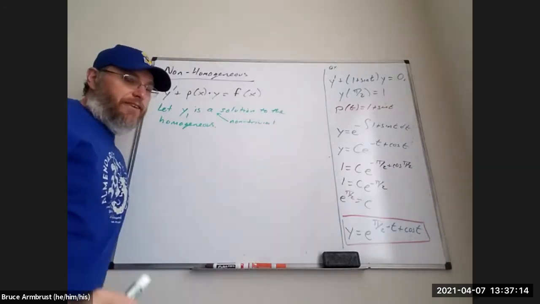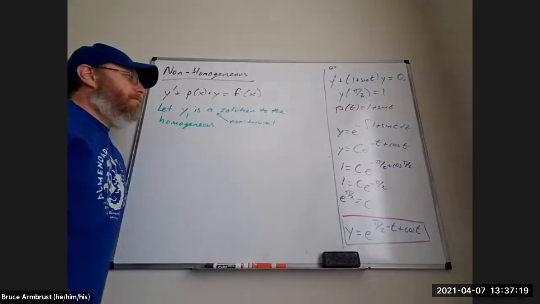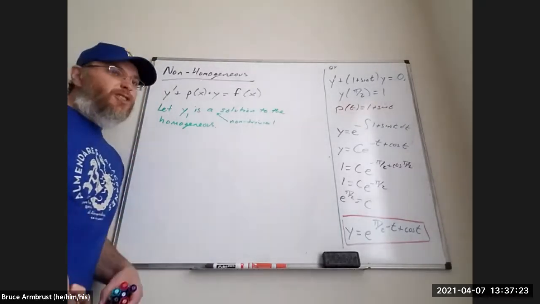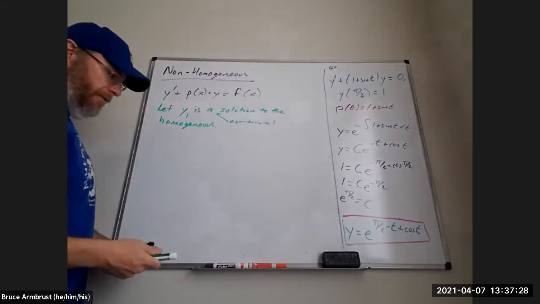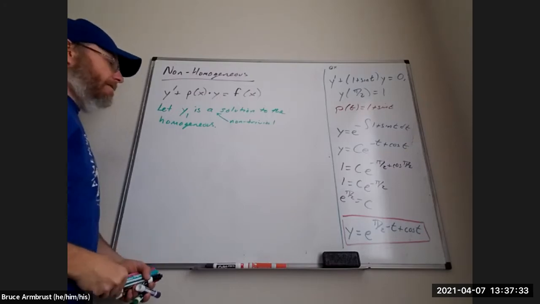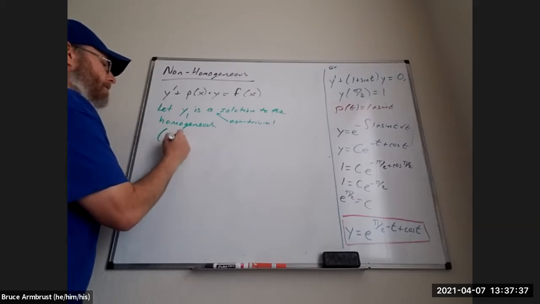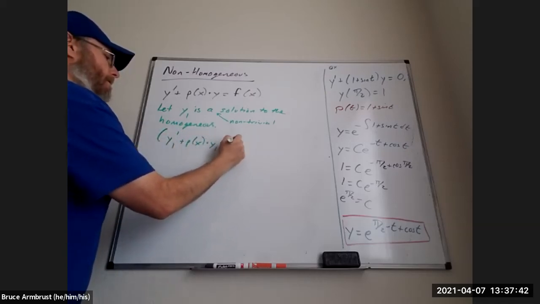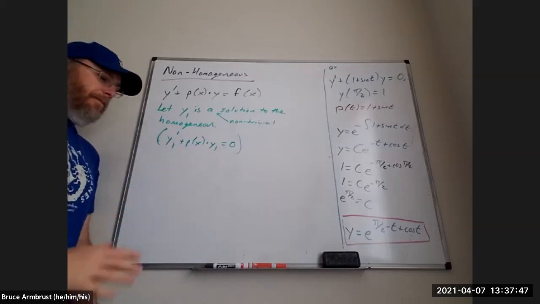Okay, let's go with something that's non-trivial. So let y1 be a non-trivial solution to the homogeneous. So really what that means is y1 prime plus p of x times y1 is going to equal 0. Right, that's what that means. I'm just putting that there so that we remember what it means.